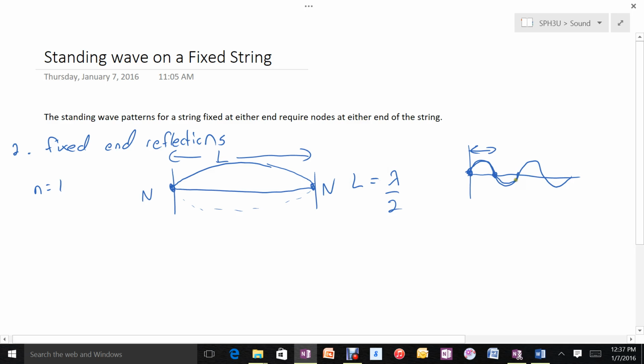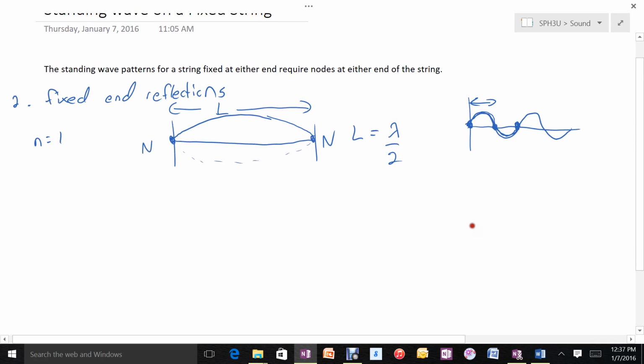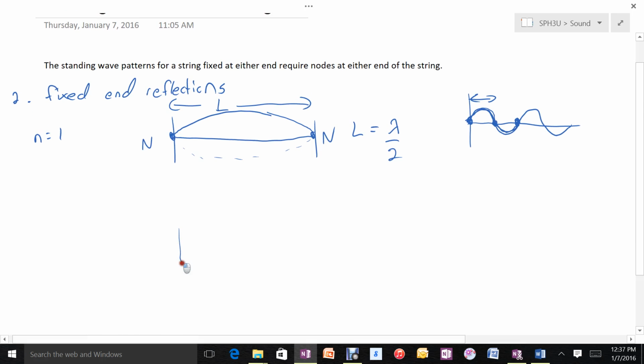There are a lot more patterns, though, that get us two nodes. So let's go to the second simplest. This time we're going to go up, down, and come back up, and we're going to end at not the first node we run into, but the second one. So this is going from a node to another node, but this time it's going to have one node in the middle as well.